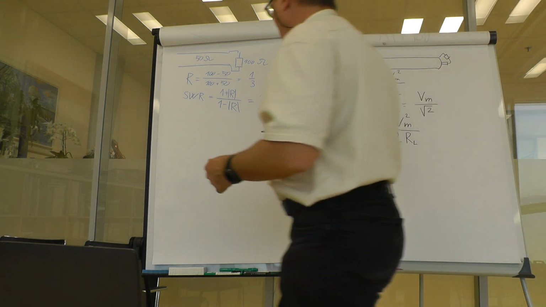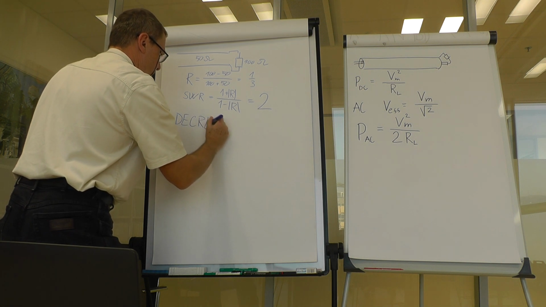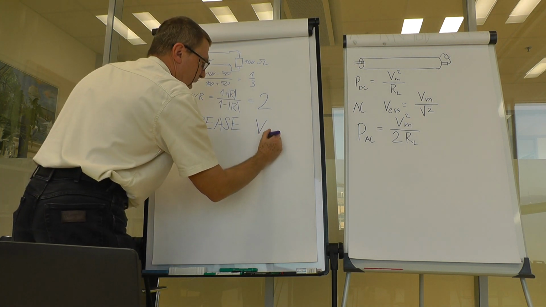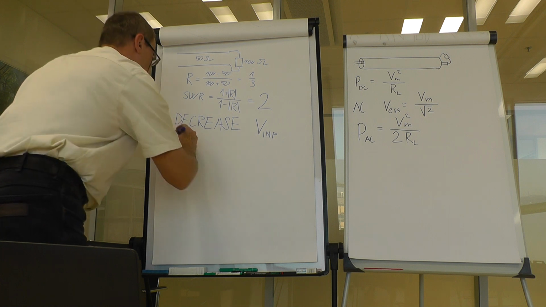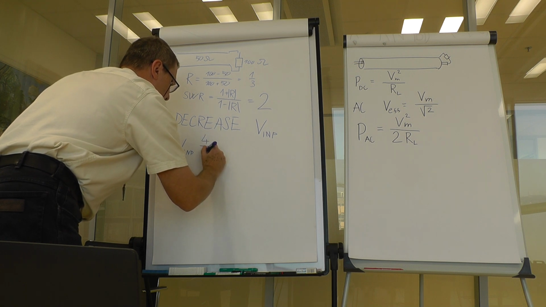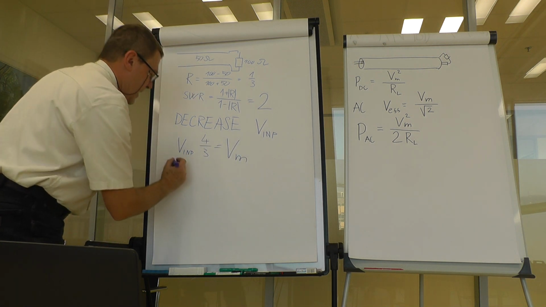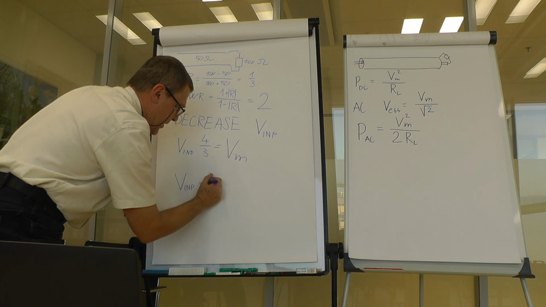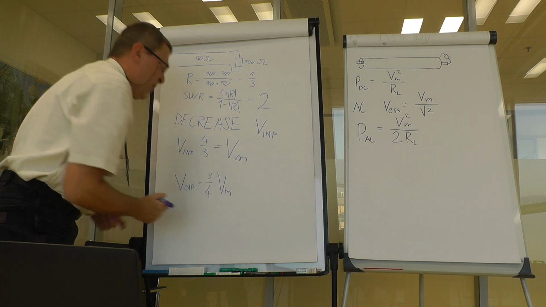Now we would have to decrease the voltage at the input, and we would have to do that so that the input voltage times 4/3 is the maximum voltage, which means that our new input voltage is only 3/4 of the original maximum voltage.